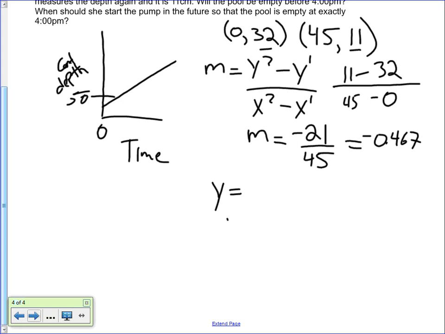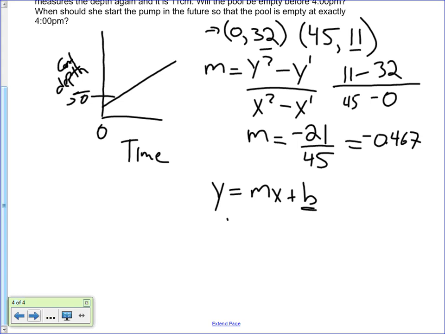Now, when I apply that to my line, y is equal to mx plus b. To solve for b, I take one set of ordered pairs on my line. I'm going to take the easy one, and assume it's at 0 and 32, in order to calculate the y-intercept of the line.